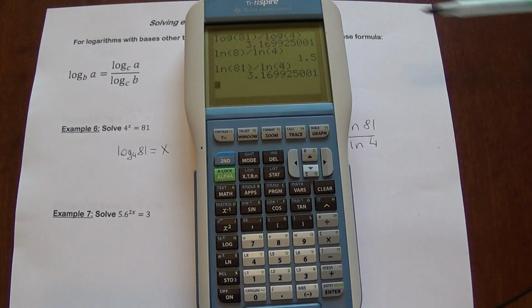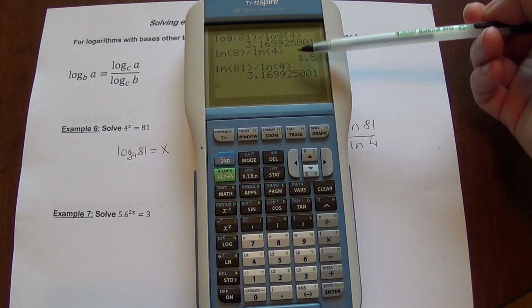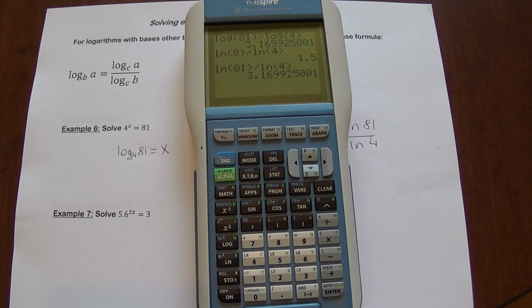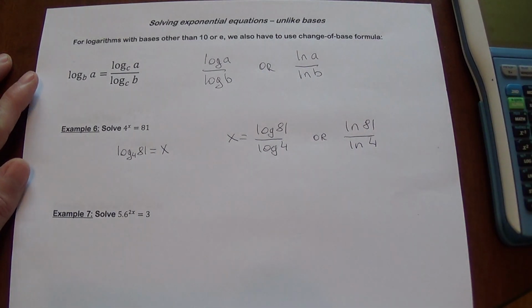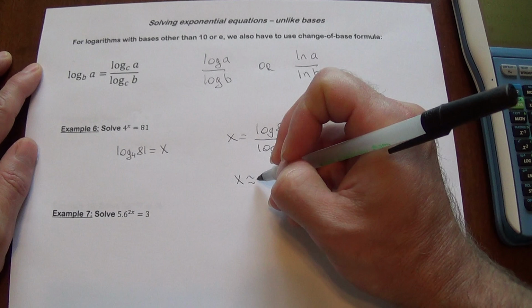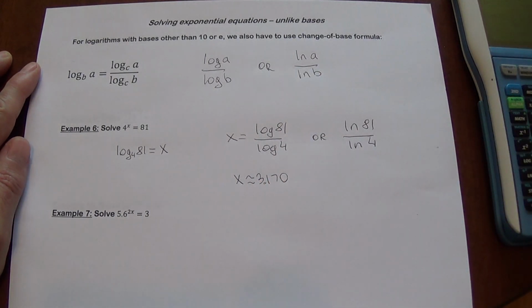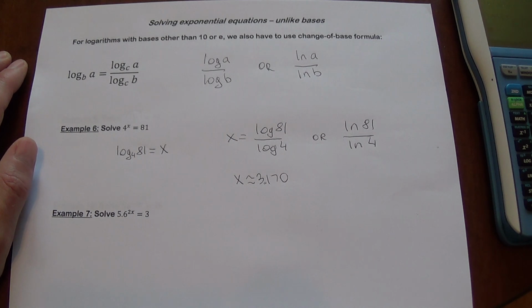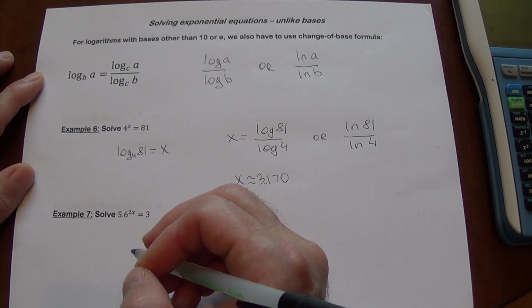As you can see, we got exactly the same answer for both problems. Okay, so it's your choice. You don't have to do both, obviously, because you will get the same answer. So in this case, if you approximate it correctly, it's going to be 3.170 because the 99 will round it to 17.